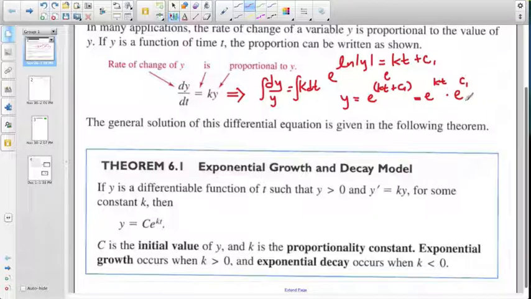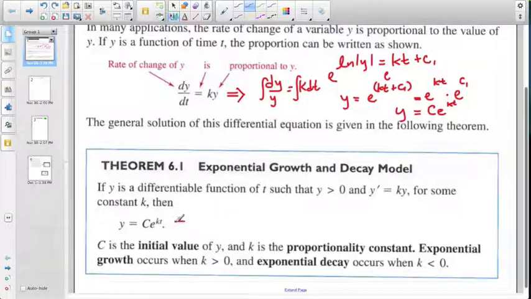And this e to the constant of integration here is just another constant, so we'll just call that constant c. So it's really c times e to the kt is our general expression for the solution to this differential equation.